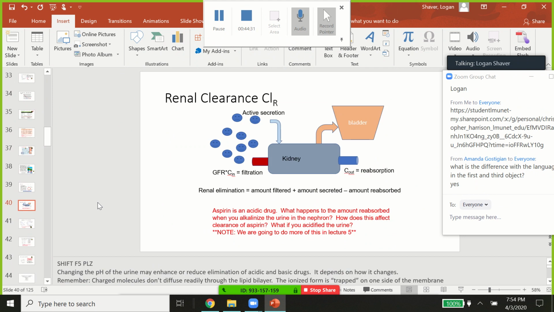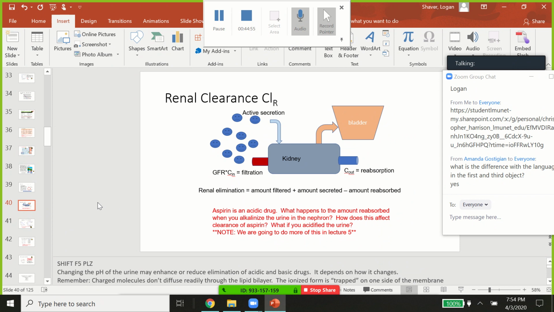Then this relays back to how we were talking about acidic drugs versus alkaline drugs, and how their transport is affected because of that. So you remember, aspirin is specifically an acidic drug. This is basically giving you a way to think about it, but I'll walk through it real quick.